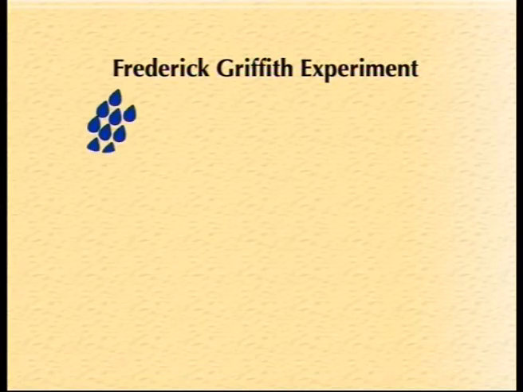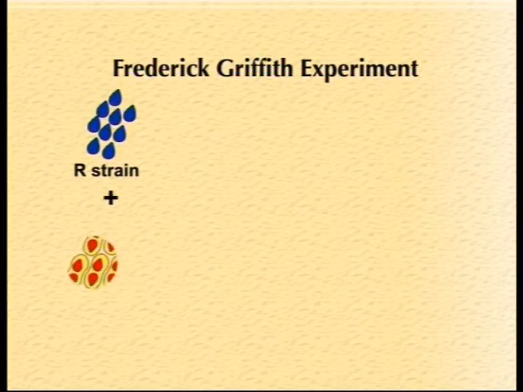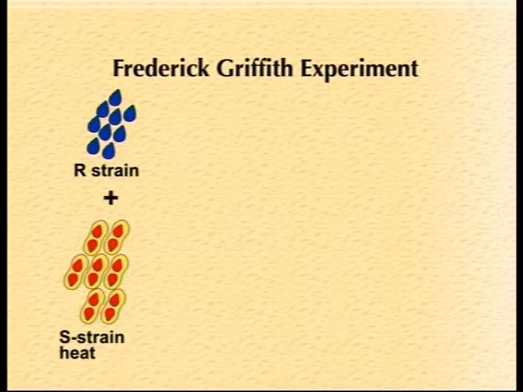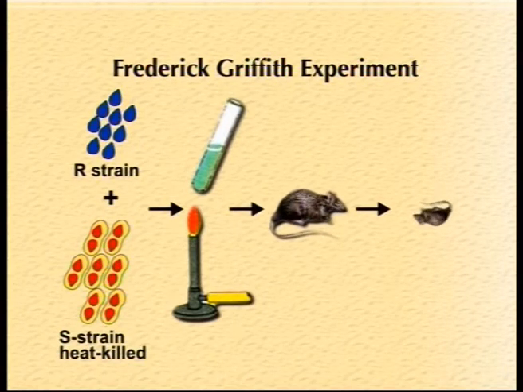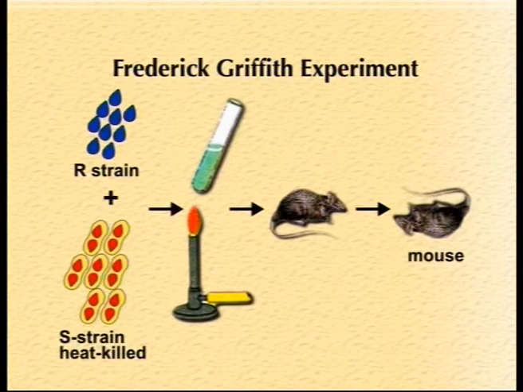Now, another very important observation was that when the mouse was injected with a mixture of heat-killed S strain and live R strain, the mouse died. Why so? The question is, what happened that made mice die when injected with a mixture of heat-killed S strain and live R strain?